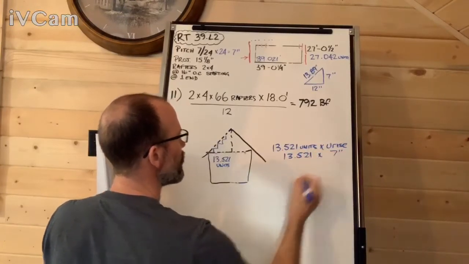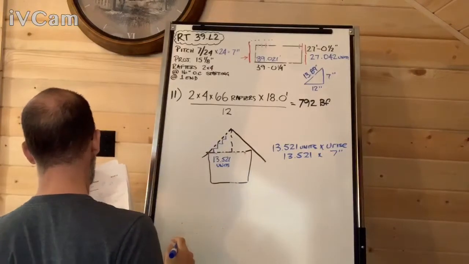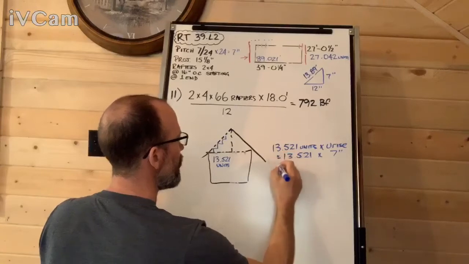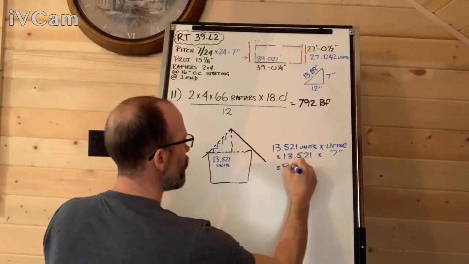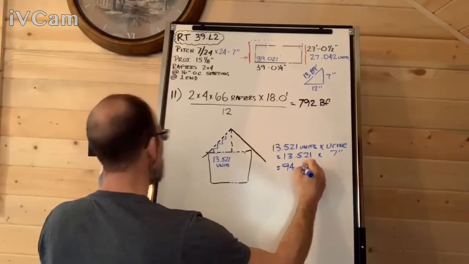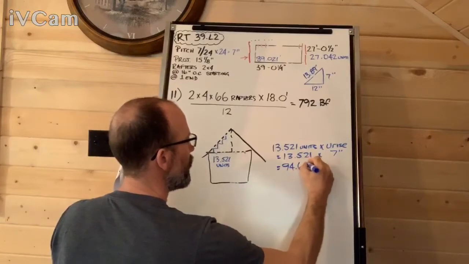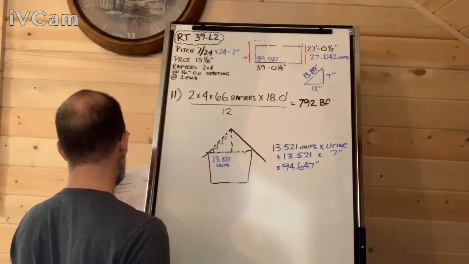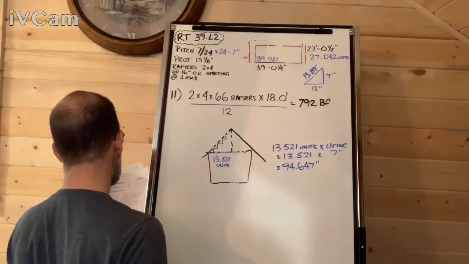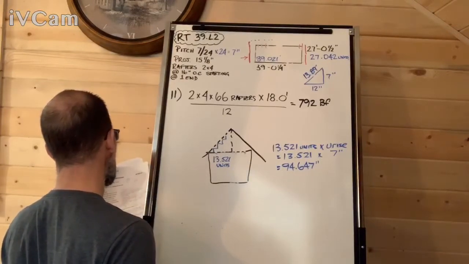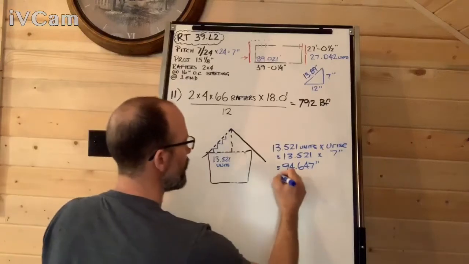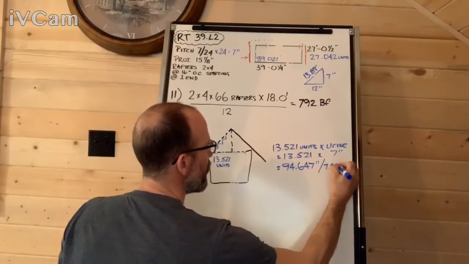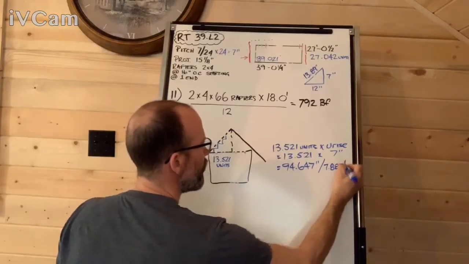13.521 times 7 gives me 94.647 inches. If I divide that by 12, it gives me 7.887 feet.